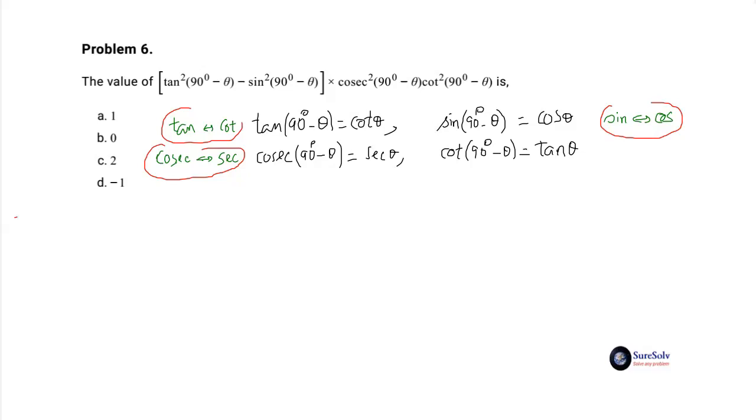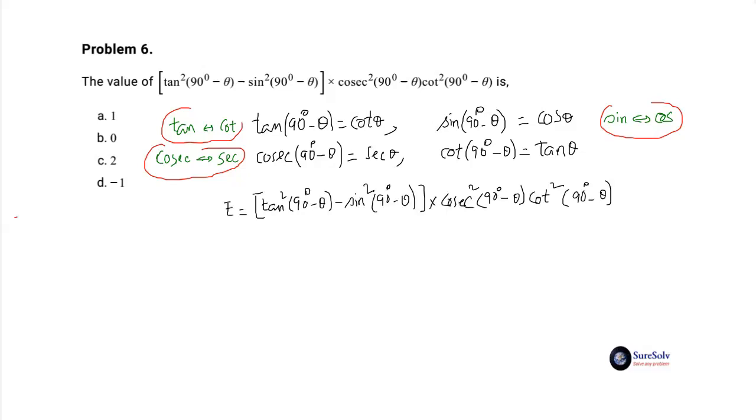Using these complementary angle relations, the target expression is simplified to E equal to cot square theta minus cos square theta whole multiplied by sec square theta multiplied by tan square theta.